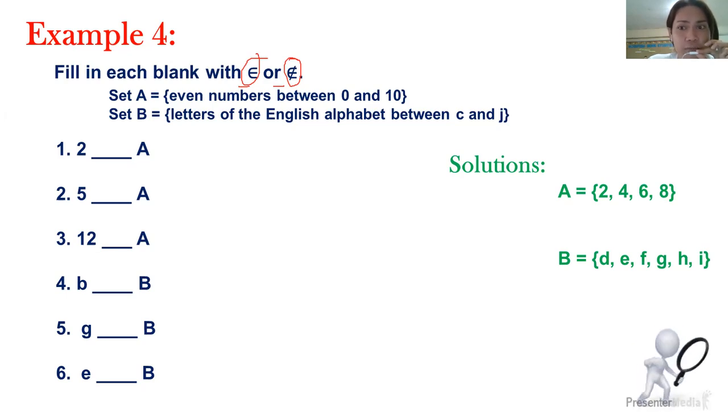Number 1, 2 is an element of A, correct. Number 2, 5 is not an element of A since 5 is not an even number, correct? That's the reason. What about number 3?